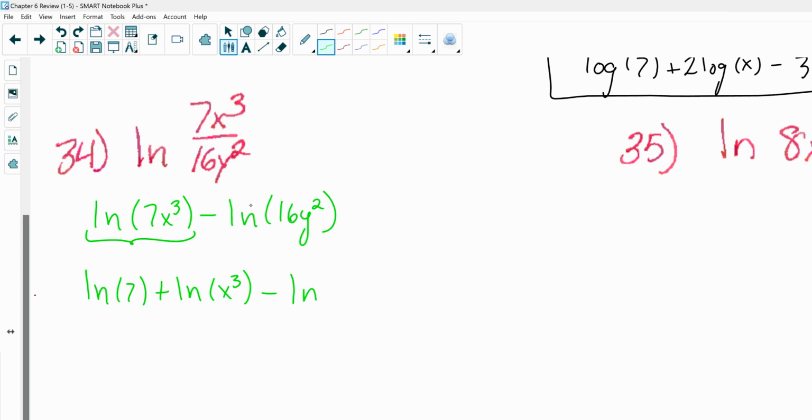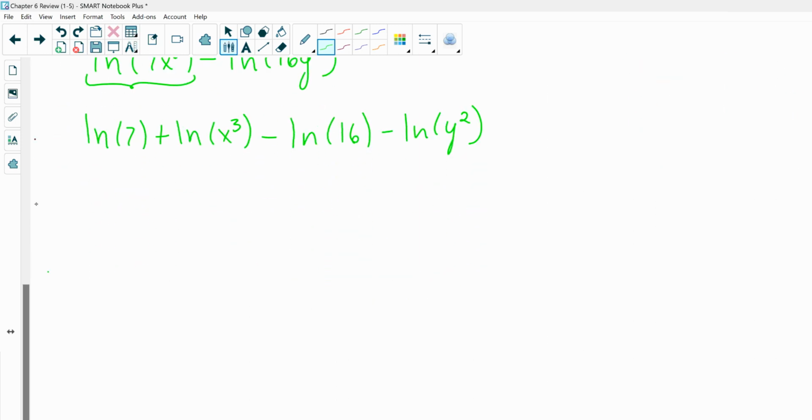So we have ln of 16 minus ln of y squared. We could put that in parentheses like we did on the last one and say ln of 16 plus ln of y squared and then distribute the negative. Or essentially we're just doing it all at once. Questions on this here?